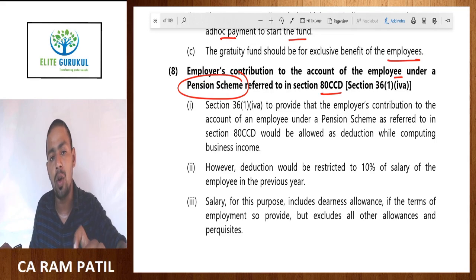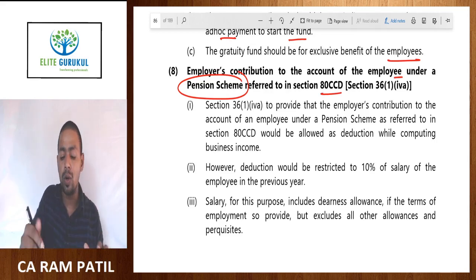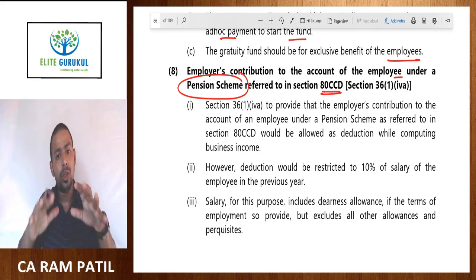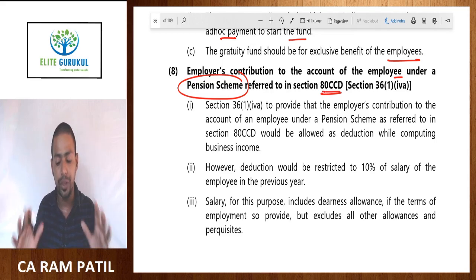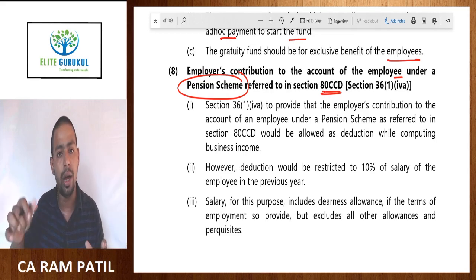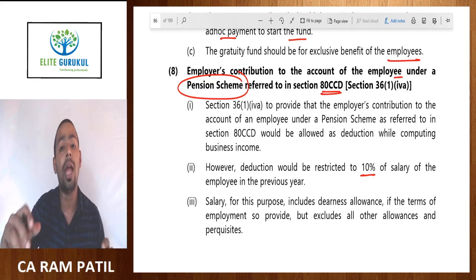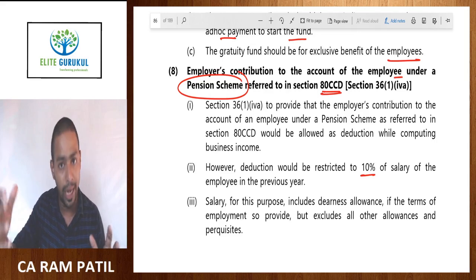Now unfortunately you do not know much theory about 80 CCD, but I am covering this point for those students who know 80 CCD. Balance students who are watching this lecture for the first time, give me time to cover 80 CCD, there you will understand the limitation factor of 10%. But people who have already gone through 80 CCD know that employer cannot contribute unlimited funds to the employee's account.